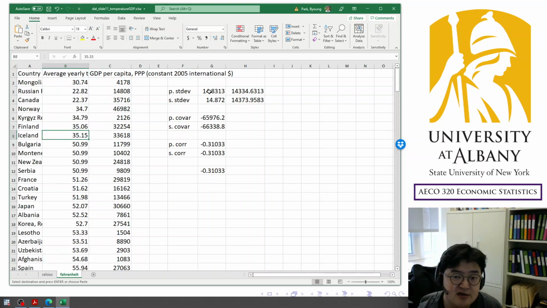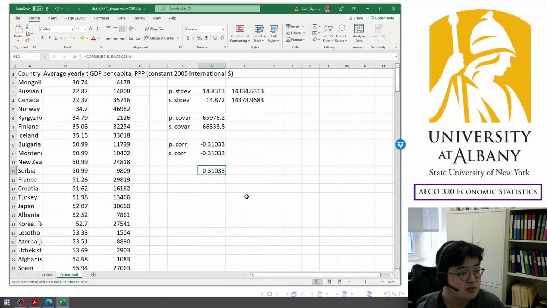But in the end, because they are inflated proportionally, the correlation coefficient is the same again. When you standardize the covariance with the standard deviations, it will be the same. So the correlation coefficient is the same no matter what you use.